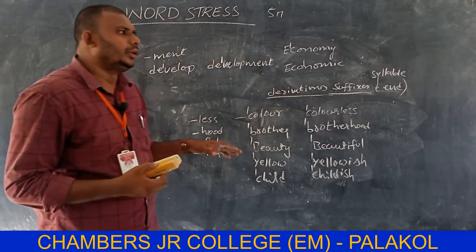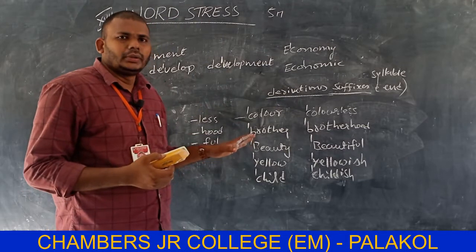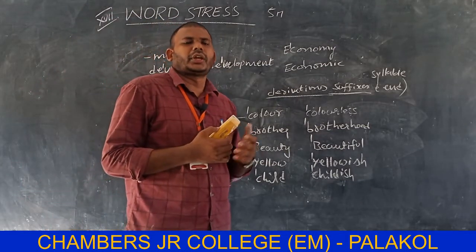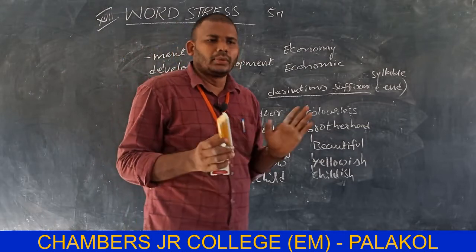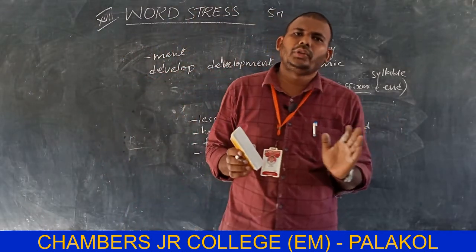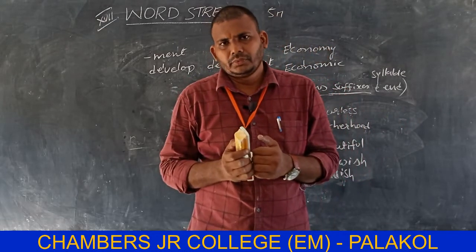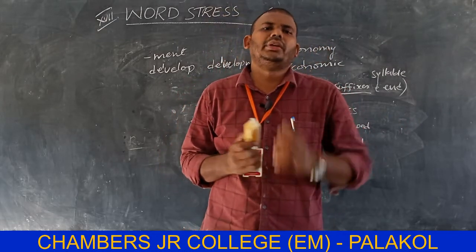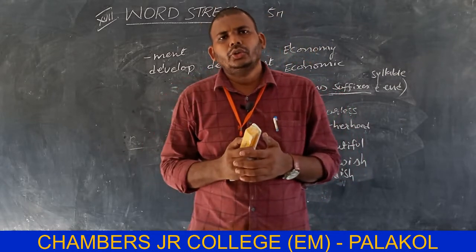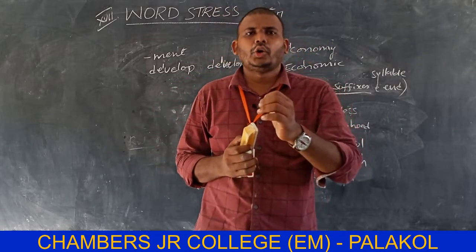And this is all about the most important topic that brings us full marks in the second year question paper. There is no problem with it at all, even for average students. Why I am saying this confidently is, there will be 10 words given. You need to draw the stress mark. You need to put the vertical line on any 5.